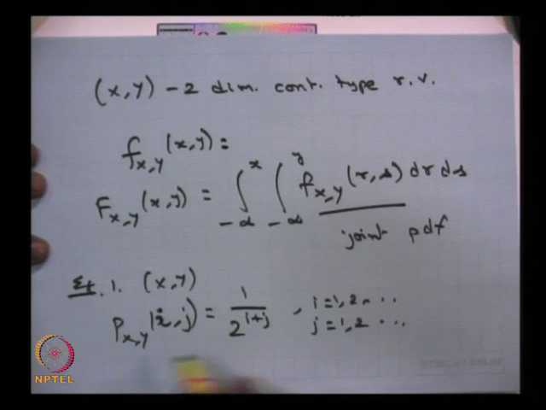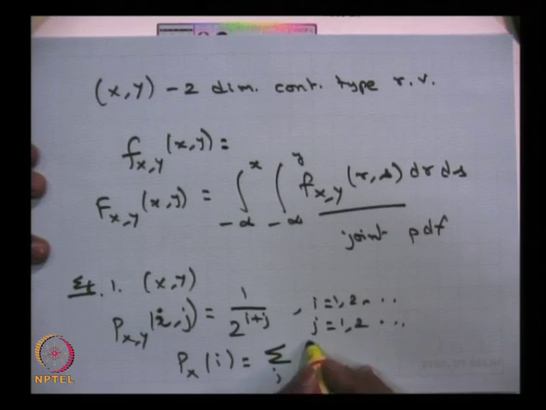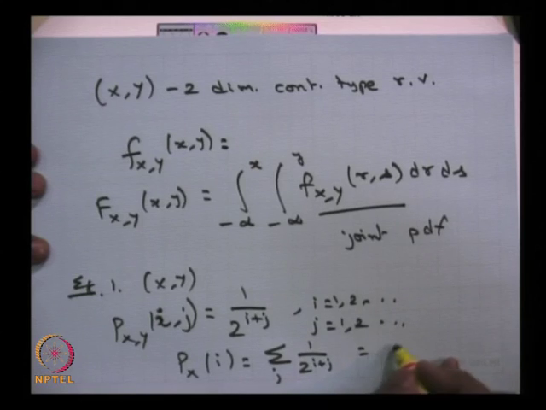By summing over only j, you will get the probability mass function for the random variable x.